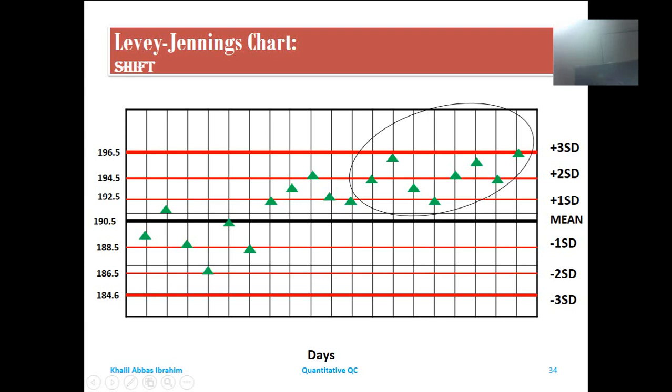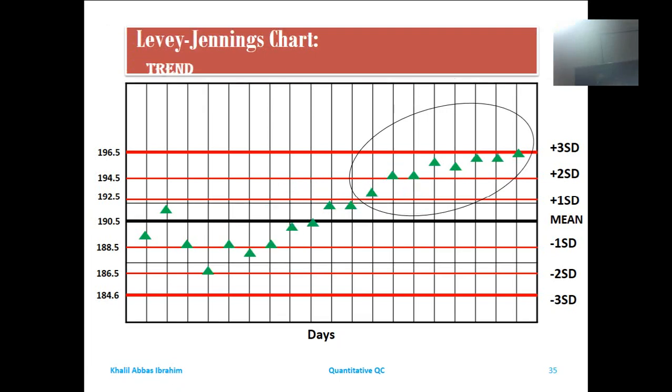Multiple consecutive values lying in one direction above the mean, and this also, as we said before, should discontinue. And this is an example of trend, systematic error. All values going upward, heading to the out of control.